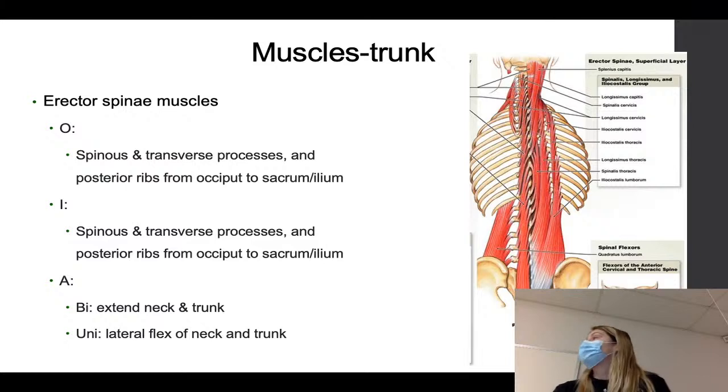The way to remember them, the mnemonic, is I love science. So you always know spinalis is going to be on the inside, closest to the spine. Iliocostalis, I; longissimus, love; spinalis, science. Just the way we were taught in school. It helps sometimes. Those are the 3 that make up the erector spinae.